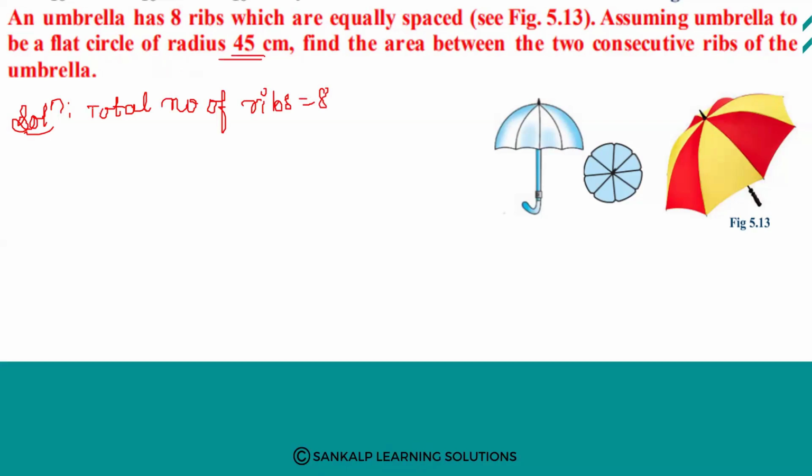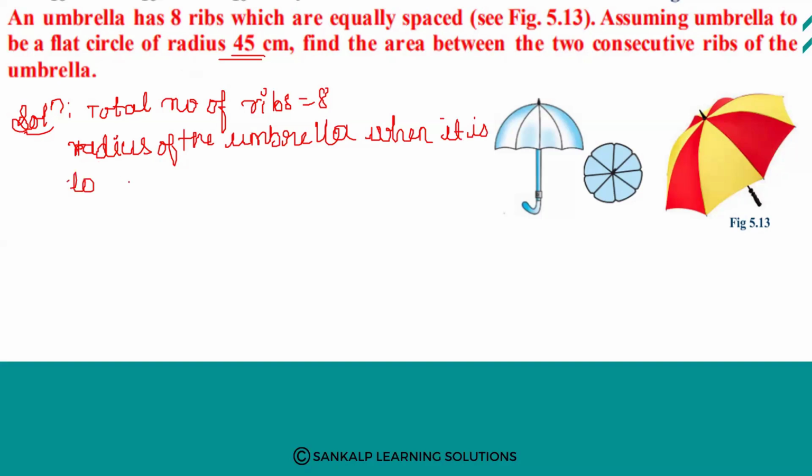So the radius of the umbrella when it is flat is 45 centimeter. Next, the area between two consecutive ribs of the umbrella.